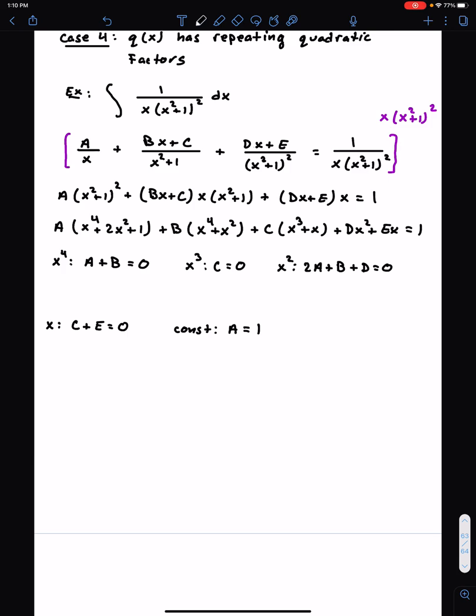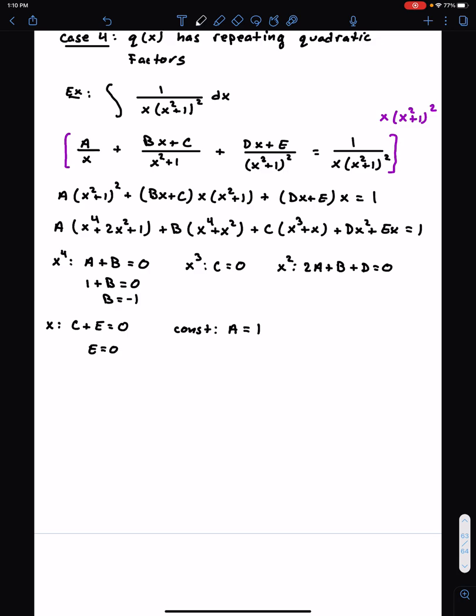So if I have c is equal to 0, I'm going to plug this 0 in for c here, which means I can solve for e. That means e is equal to 0 also. If I have a as 1, I'll plug it into the equation with the x to the 4th. So b is negative 1.